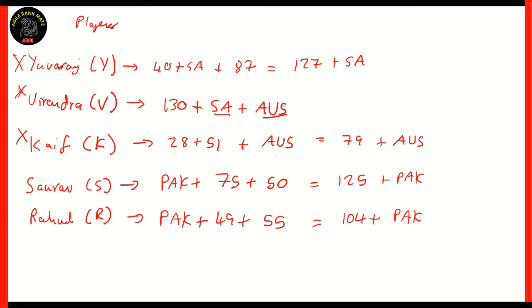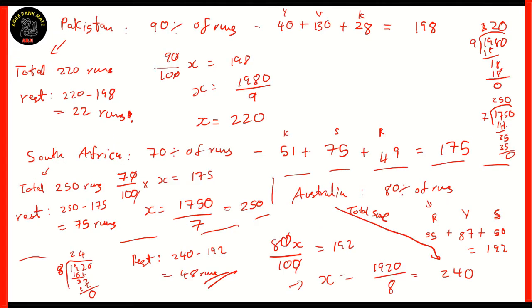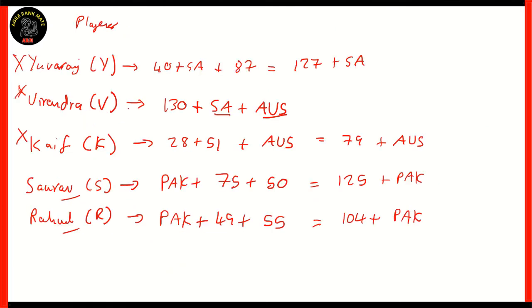However, if you look at both Saurav and Rahul, we see that in the match against Pakistan, there were only 22 runs. So it is plausible that either Saurav or Rahul could get a maximum of 22 runs against Pakistan and a minimum of 0. We can't exactly find out what their scores are, but we can safely assume that they might get 22.